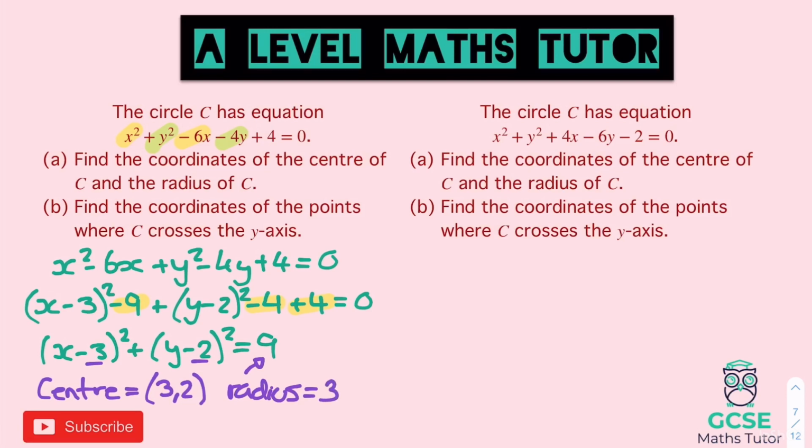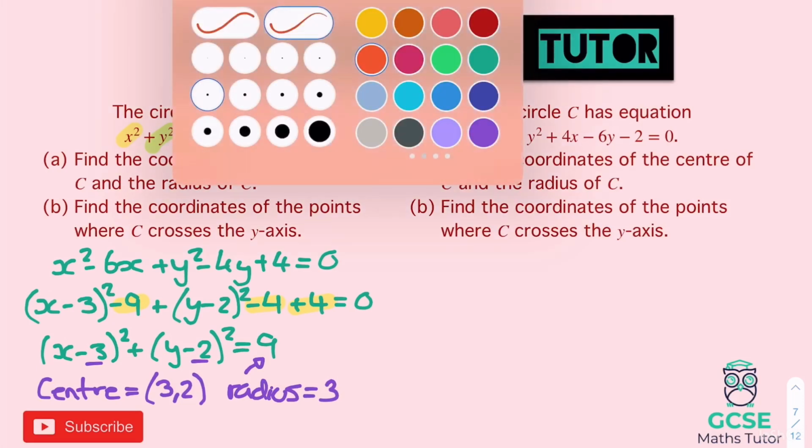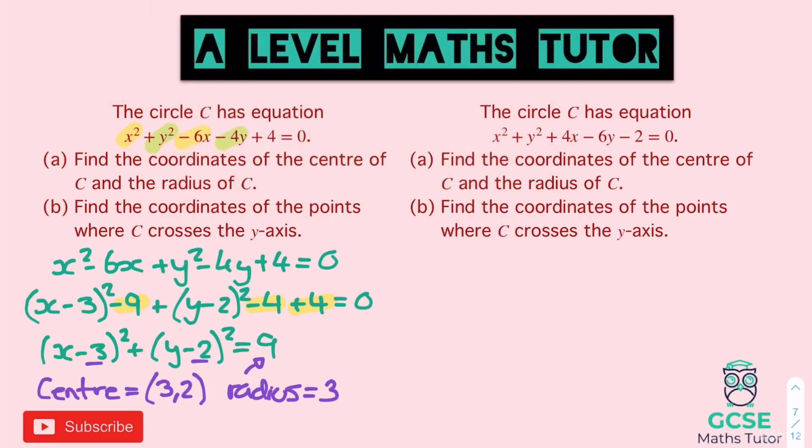So in terms of making sure that we get the coordinates where it crosses the y-axis, we know that that's when x equals 0. So if we plug that in at the top there, we get minus 3 squared, plus y minus 2 squared, and that equals 9.